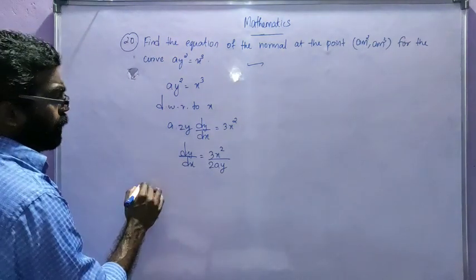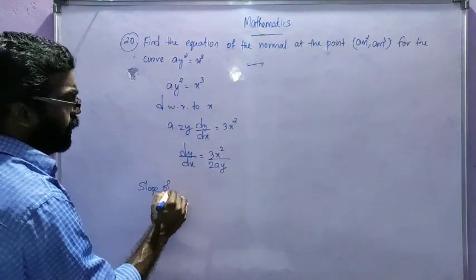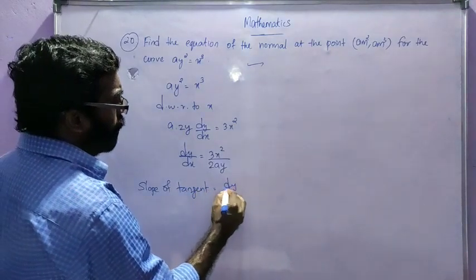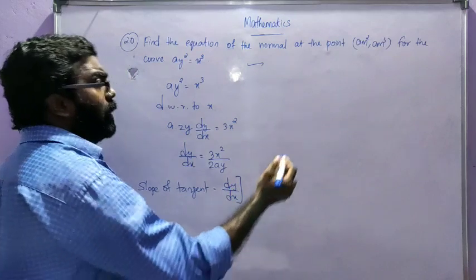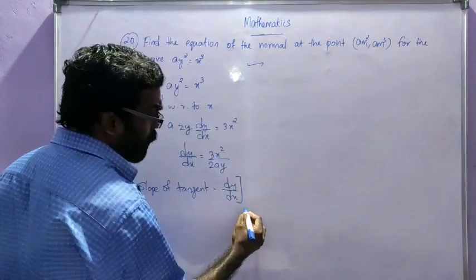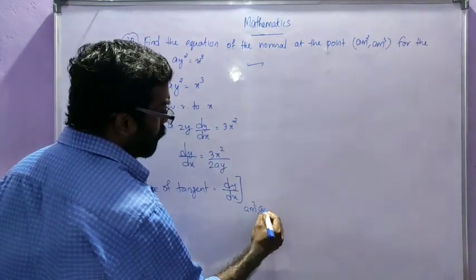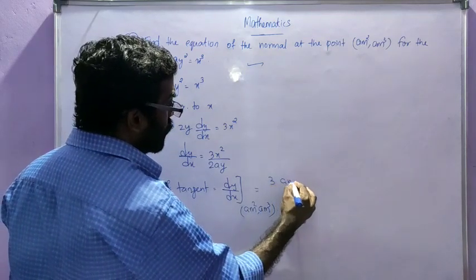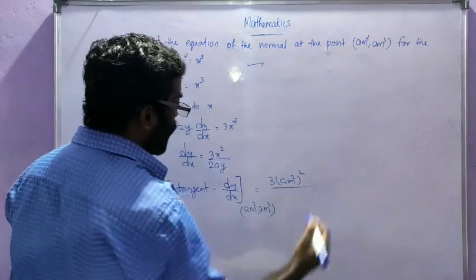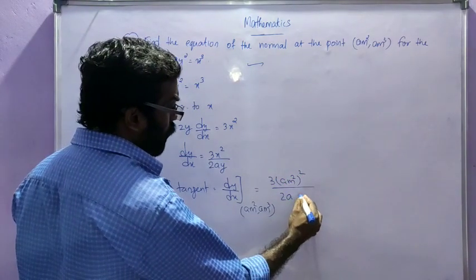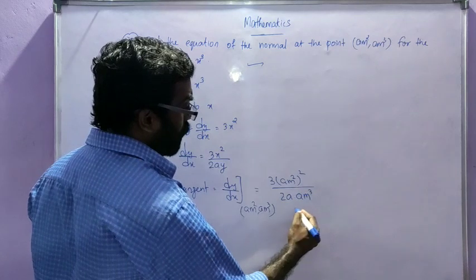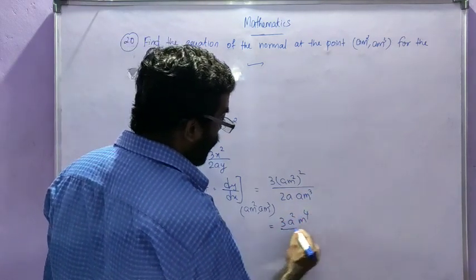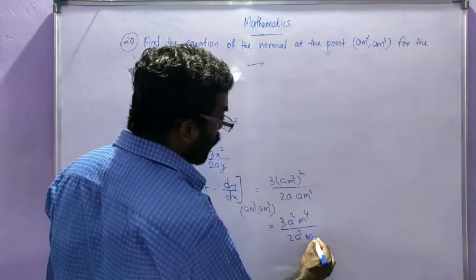Okay, slope of tangent is equal to dy by dx at the point am square comma am cube. So here 3 into am square the whole square divided by 2a into am cube. Okay, which is equal to 3a square m raised to 4 divided by 2a square m cube.